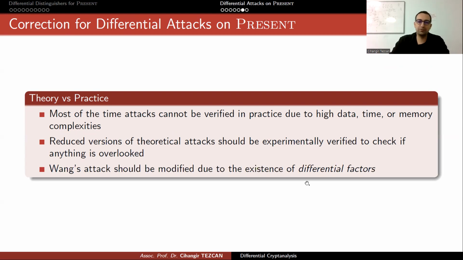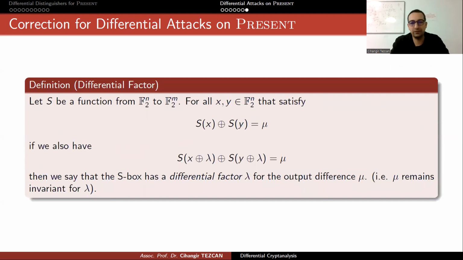So this leads us to the notion of differential factors. This is something I introduced a few years ago when I observed that some theory doesn't match the practice. Here I defined it for S boxes like this. Let's say that S is an n by m S box.